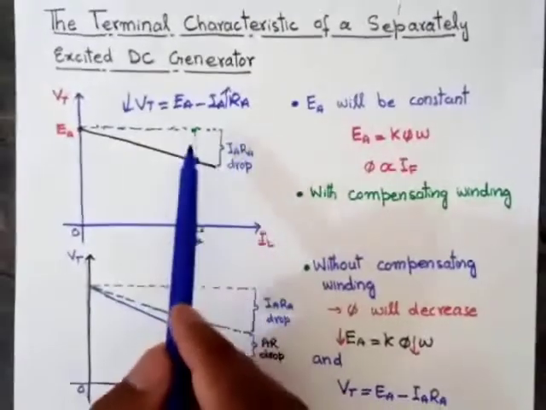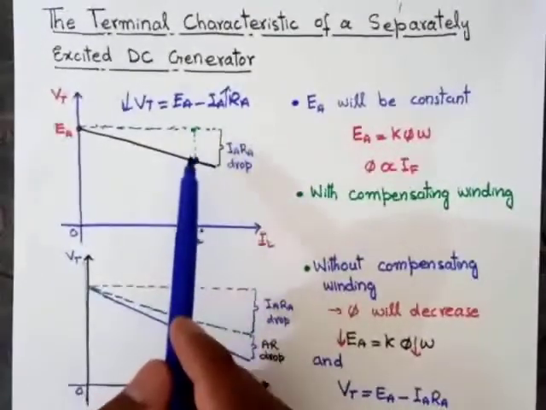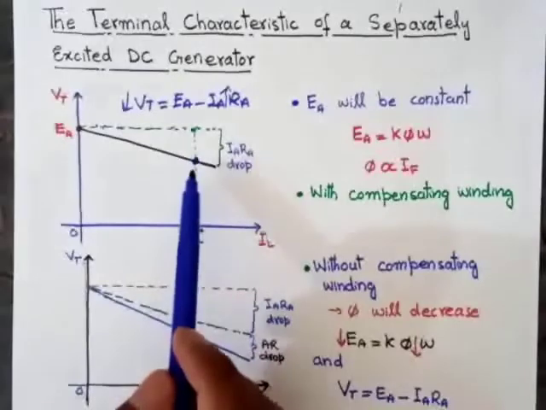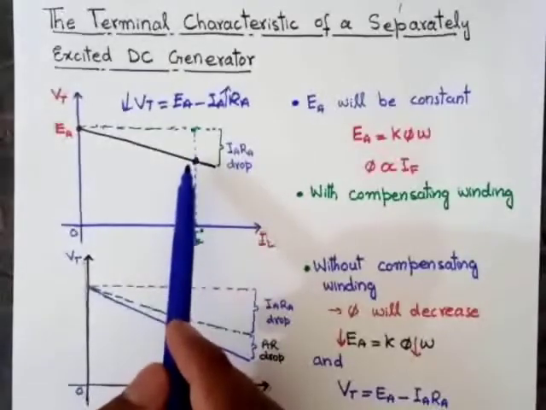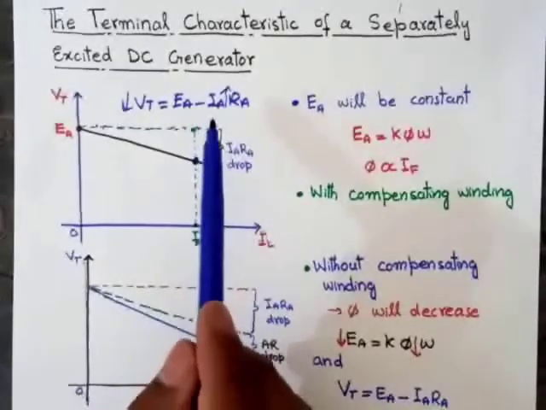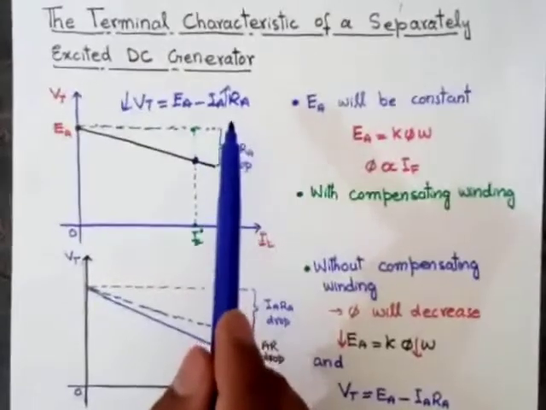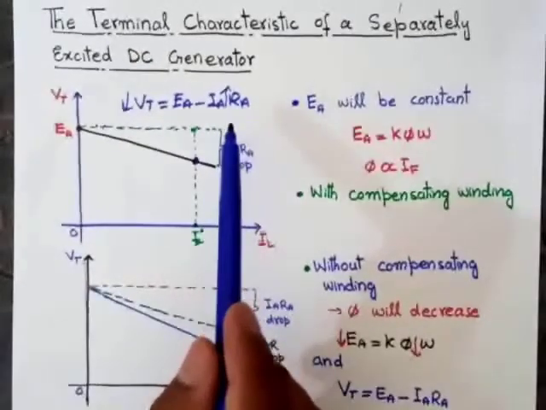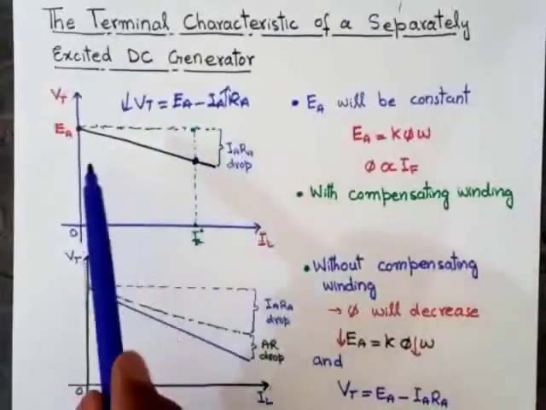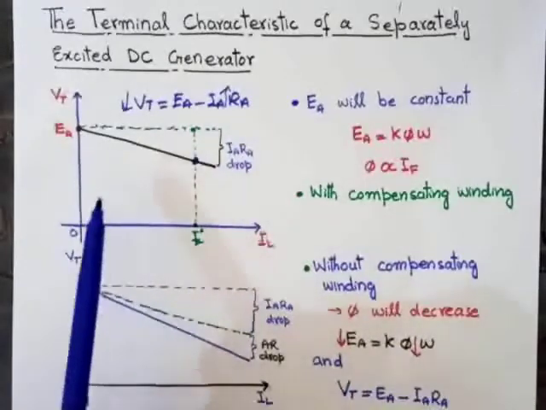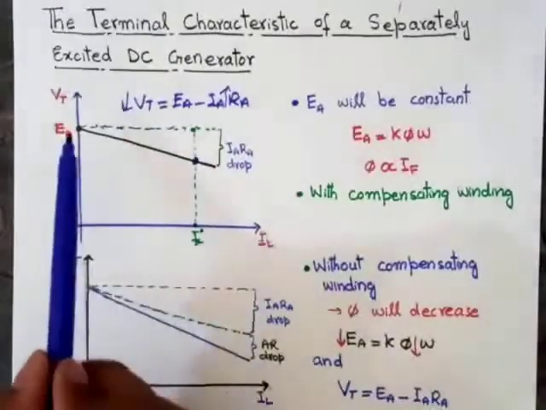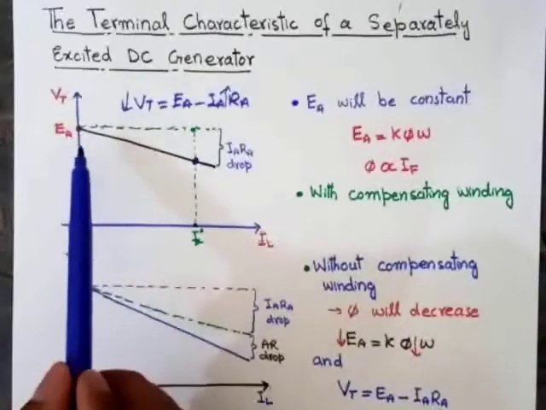This is the difference between the internal generated voltage and the terminal voltage. So this is the complete graph between internal generated voltage and terminal voltage.